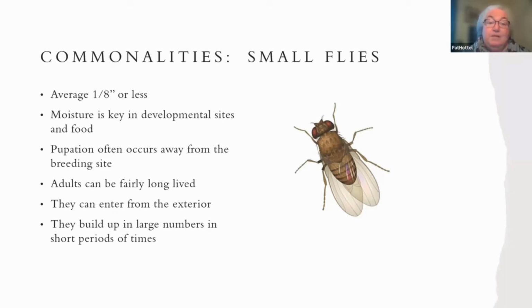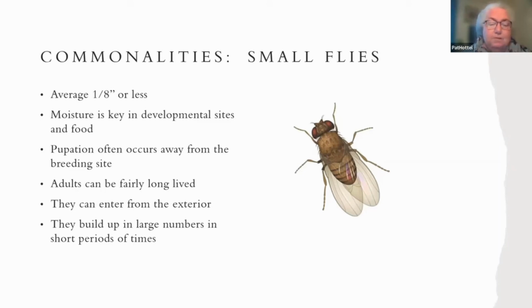So some of these flies, even our red-eyed fruit flies or vinegar flies, can be outside and enter from the exterior. When we have small numbers, we're looking at our insect light traps, let's say inside, we see 1 or 2 phorids or 1 or 2 fruit flies. It may mean that they've just come in from the outside, that we may not have a source. We need to be looking for larger numbers.